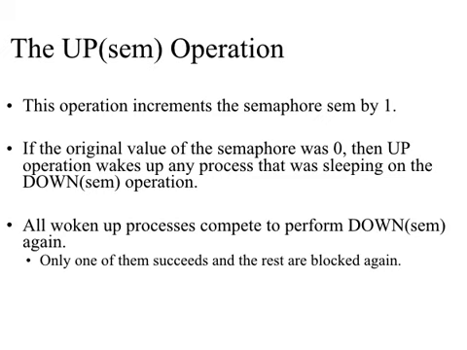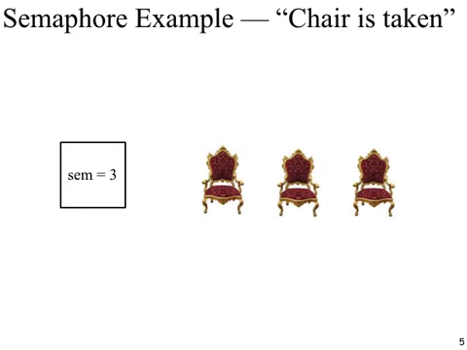Okay, so let's take a look at a concrete example to see how these up and down operations work. Here we have an example where we have three chairs. They represent three resources. The initial value of a semaphore represents the number of instances of the resource that's available.